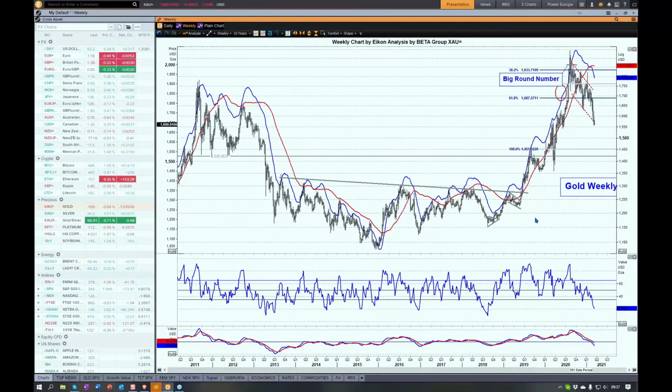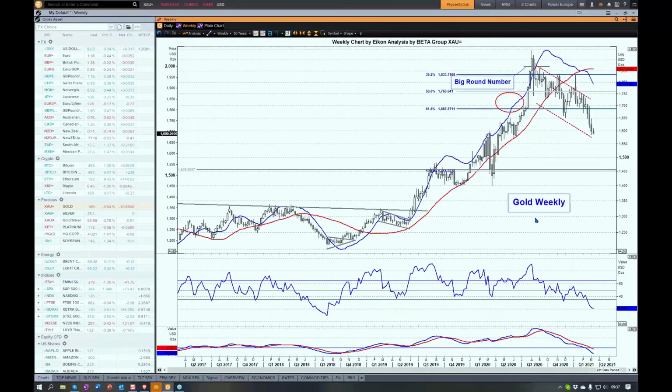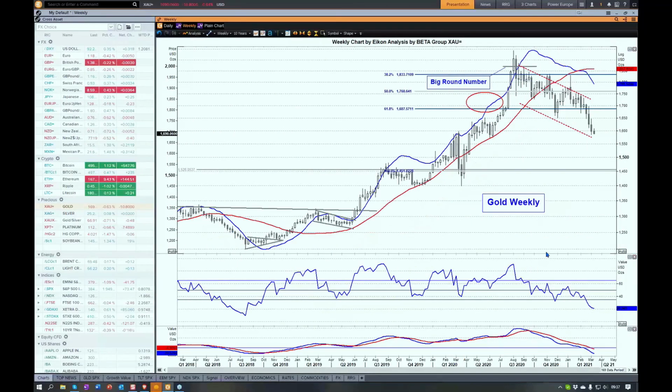The RSI is deeply oversold. I agree with that, but it's not pointing upwards, is it? Look how deeply oversold it was here and how much we fell. So until we get any sign other than it's gone down a lot, that doesn't mean it has to stop going down yet. It's hard to maintain this bearish.